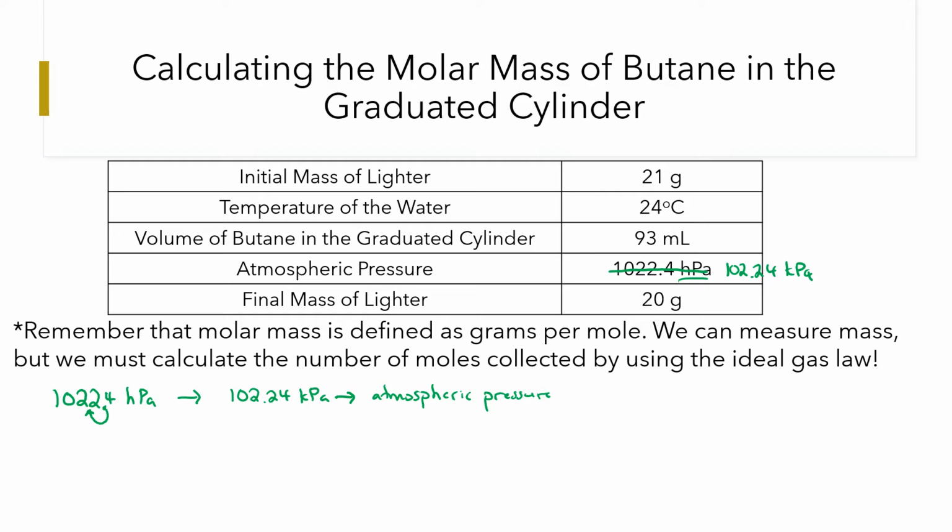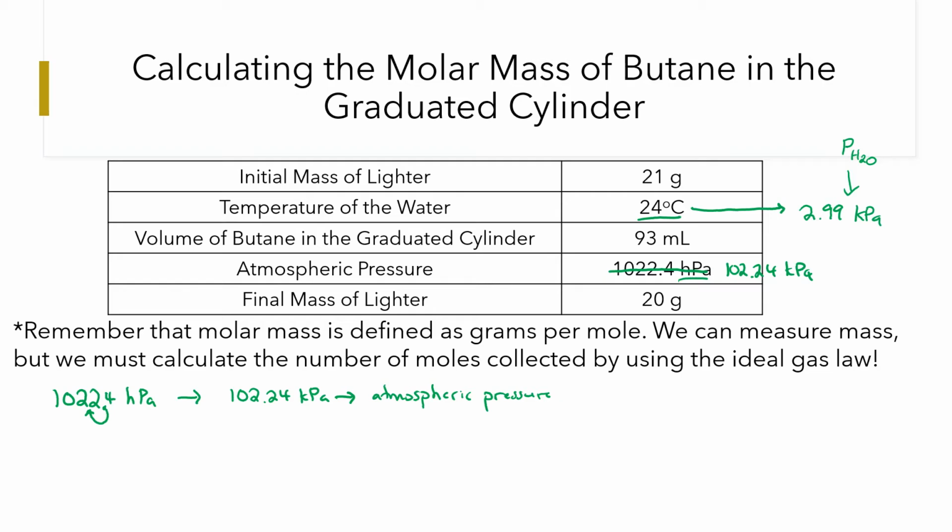The reason why we needed the water temperature is to look up at what temperature that water vapor pressure is at. So at 24 degrees, y'all, water vapor pressure is at 2.99 kilopascal. So this is the pressure of my water vapor.